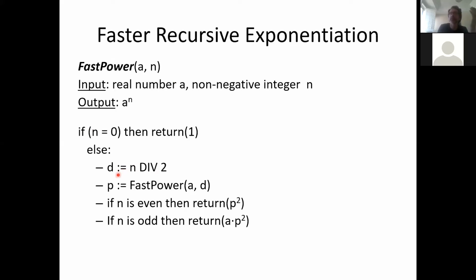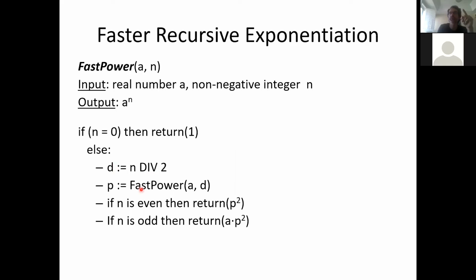And because n might be odd or even, you have to divide over the integers. That's called integer division. So this is basically the floor of n divided by 2. That's your d, a divided exponent.